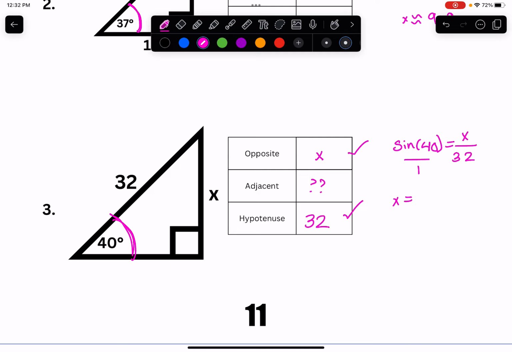Again, cross multiply. Sine 40, close parentheses, times 32. x is equal to 20.569... Rounded to the nearest tenth, x is equal to 20.6.